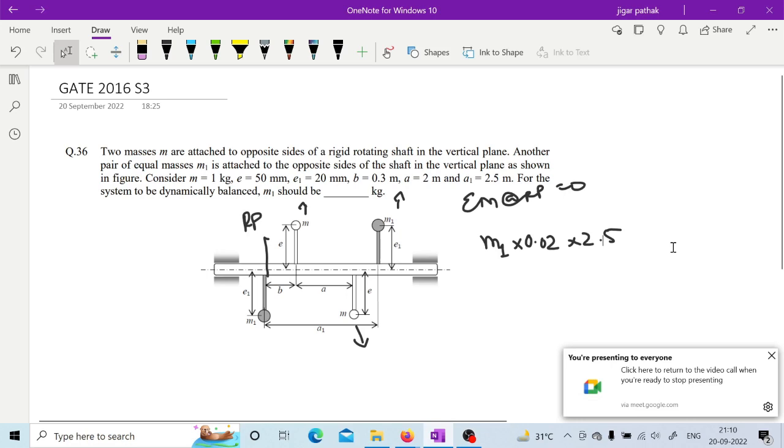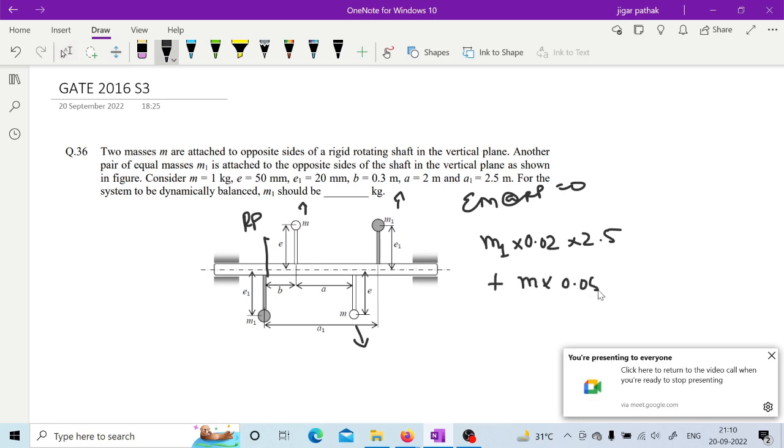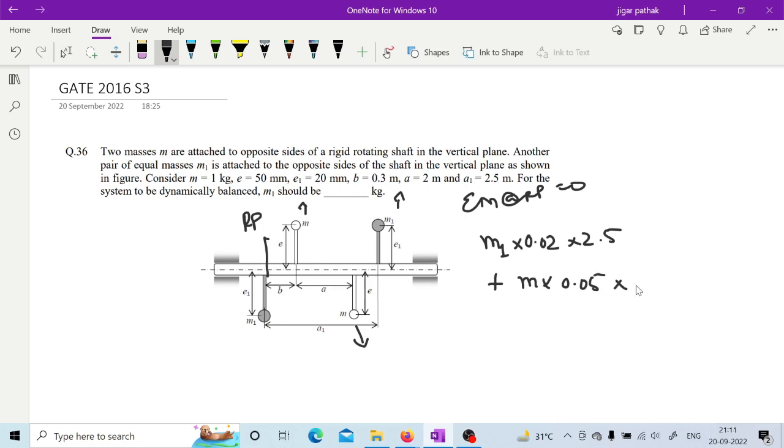Similarly, this M and E is given as 50, so it is 0.05, and the distance of that will be 0.3 because B is given as 0.3, and minus this 1 kg. 1 kg is at again 0.05, 50 mm, and the distance for that is 2.3 from the reference plane, equal to 0.